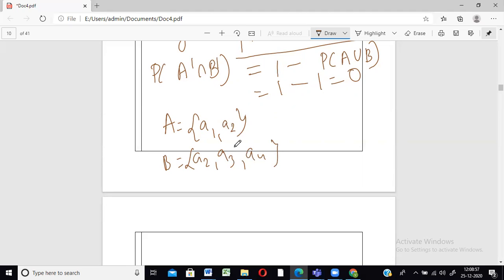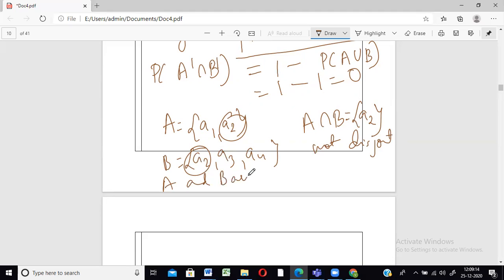Are these mutually disjoint? Are they not having anything in common? No, right? They have this A2 in common. So A intersection B has that A2 common. It's not disjoint, meaning there is something common in it. So that is why A and B are not mutually exclusive events. Okay.